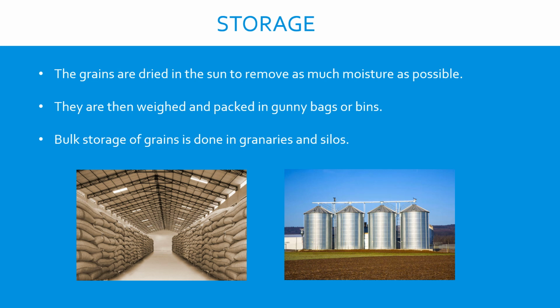If there is moisture, there is damage to all this food or grains. There should not be any moisture there. So these grains are dried in the sun to remove as much moisture as possible. By sunlight we dry them, because some of the moisture can be removed.